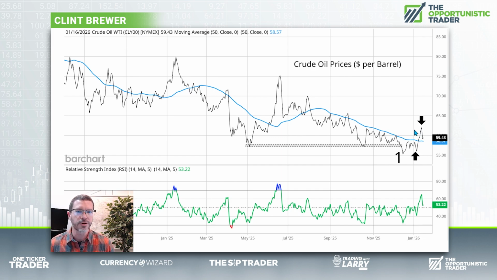We exited this trade in two separate trades. We sold half of that position, I think on the 13th, and then closed out the remainder on the 14th, which happened to catch that high right there. So we were able to close out that USO trade. Considering both legs of the trade, it was a blended return of about 77%.